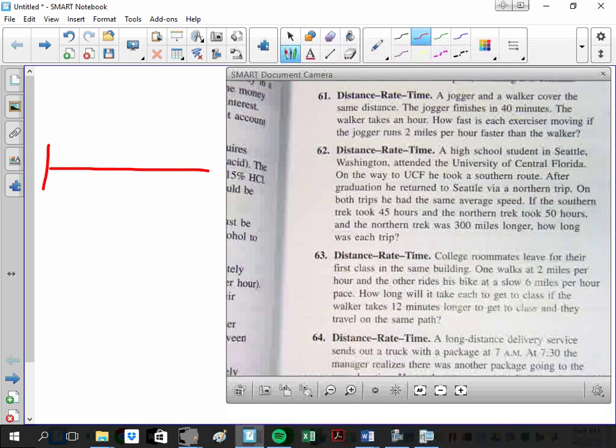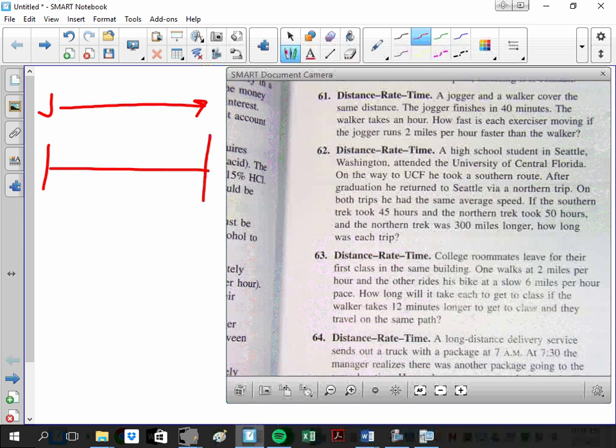So we have, this is the tortoise and the hare without the nap. So the jogger finishes first, and the jogger takes 40 minutes, which in hours would be 2/3 of an hour. I said 2, and I wrote 3.